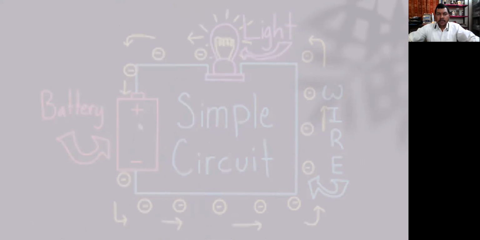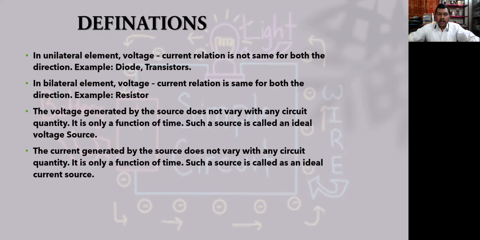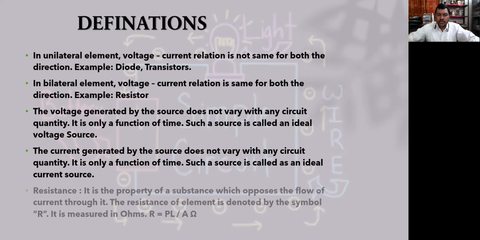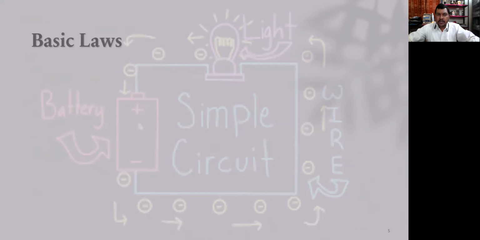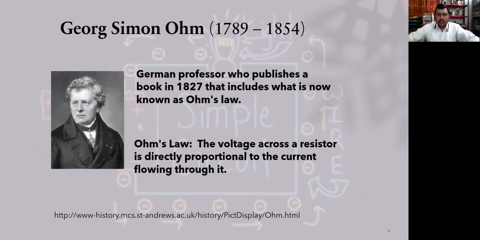Then we completed unilateral and bilateral components, the ideal voltage source, the ideal current source, and resistance. And we started with Ohm's law.